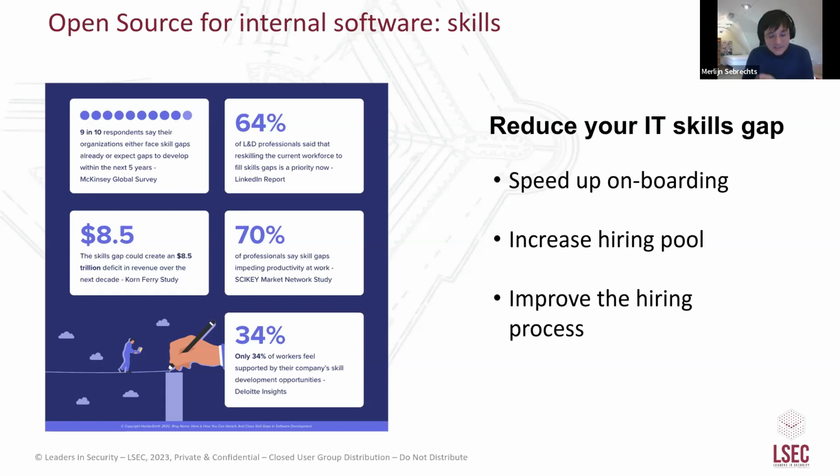And then finally, it can also improve the hiring process. If you look at companies like Facebook and Google, but also smaller companies here in Belgium, one of the ways they find people who have the skills to join the company is to open source part of their software, or to work with open source software and look at who is actually contributing to it.